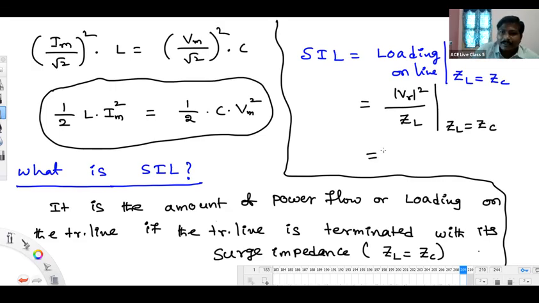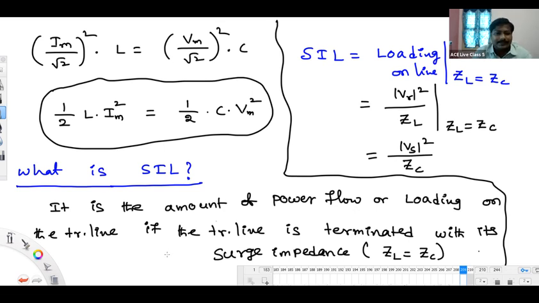And by keeping ZL equal to ZC, what is that mod VR you can say? That will be Vs. So in the numerator, you can write Vs square, and in the denominator you can keep ZC.